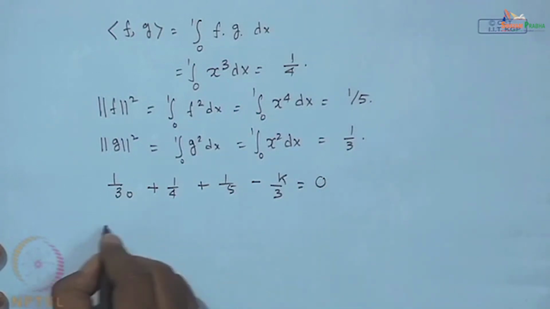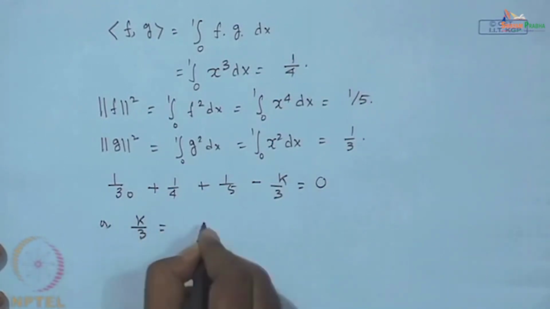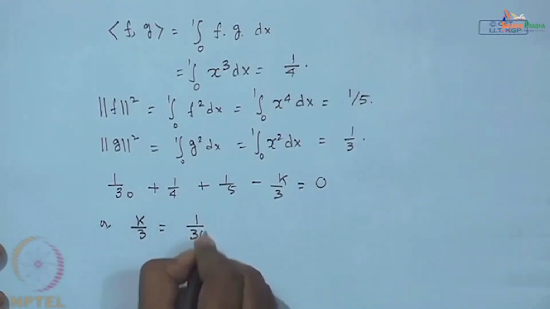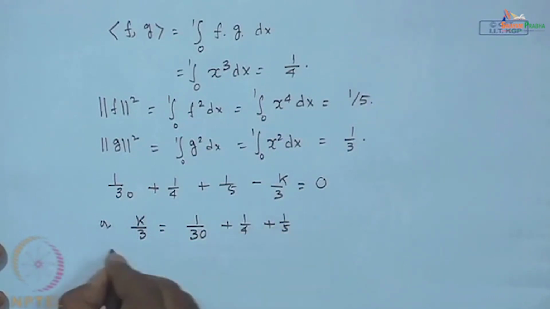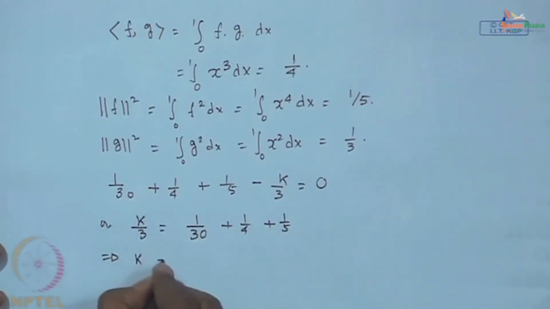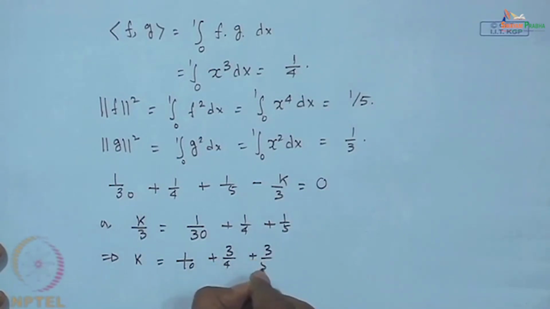Okay. So, we substitute this k by 3 should be equal to 1 by 30 plus 1 by 4 plus 1 by 5. So, k should be equal to, multiplying both sides by 3, 1 by 10 plus 3 by 4 plus 3 by 5.